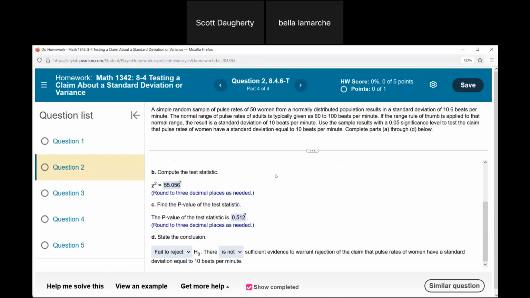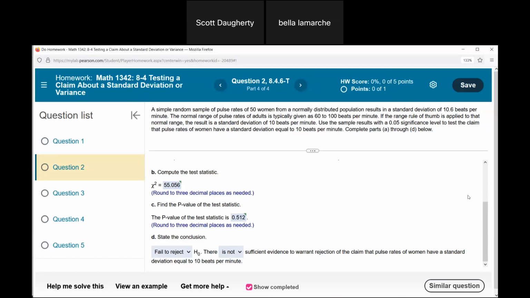So basically what they're saying is that from that information, they believe that the standard deviation should be about 10 beats per minute, the population standard deviation. And so they say use the results with a 0.05 significance level to test the claim that the pulse rates of women have a standard deviation equal to 10 beats per minute.